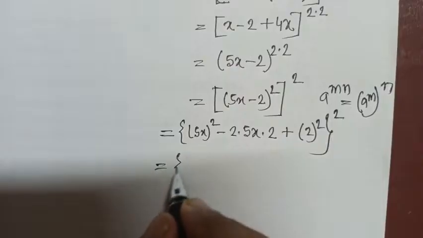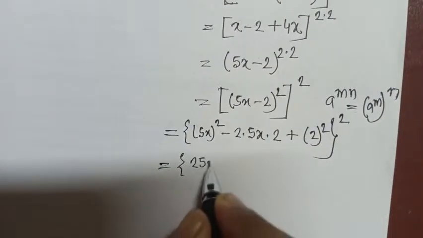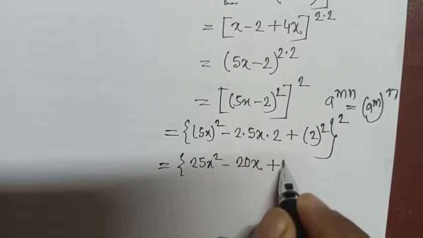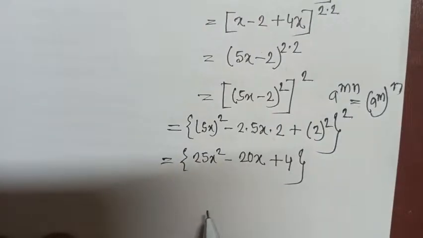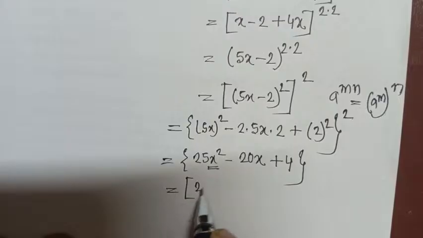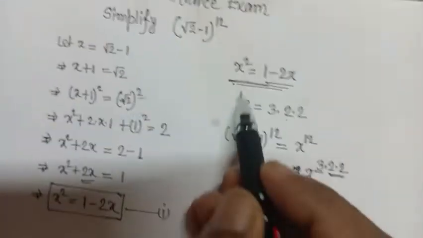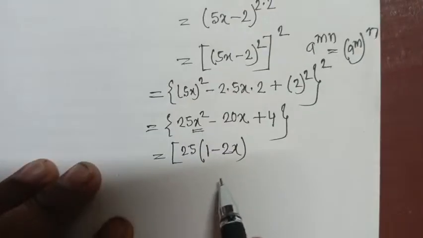So we can write like here 25x square minus 20x plus 4. Now we know that x square is equal to 1 minus 2x. So we are putting the same value again here.